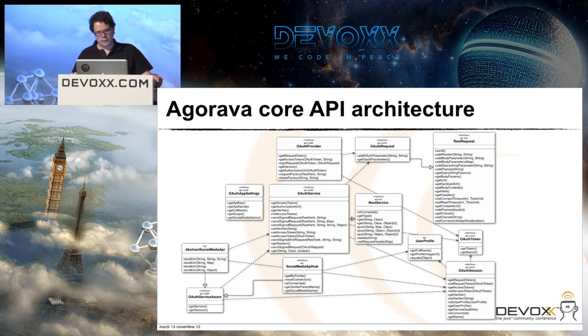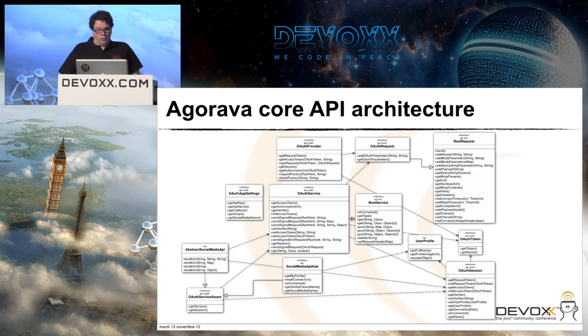So that's a kind of central service that sends a request, asks for a request signature, gets the response back, transforms the response JSON payload into objects, and so on.